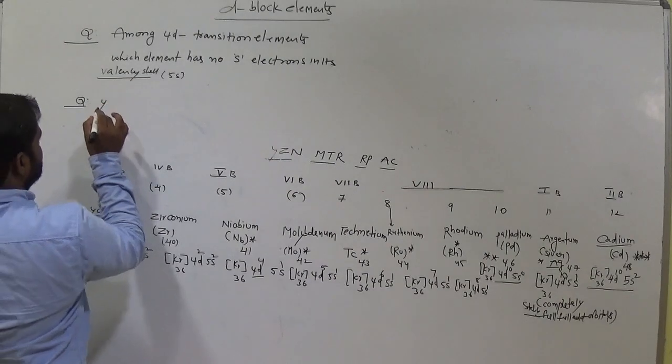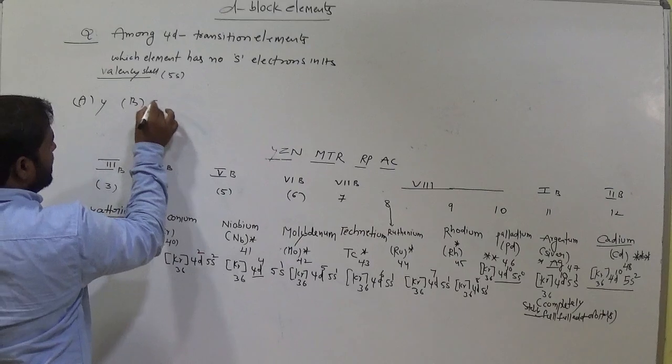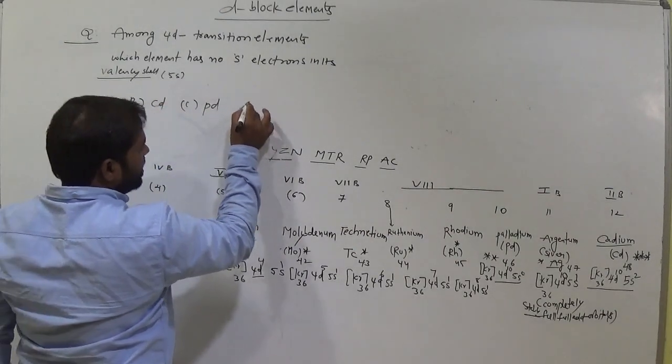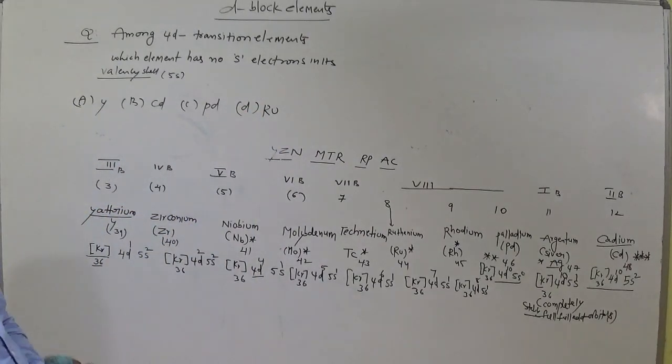Option A is yttrium. Option B is cadmium. Option C is palladium. Option D is ruthenium.